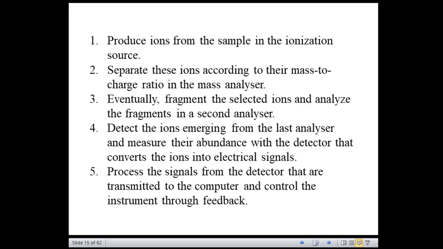We know that in a mass spectrometer we produce ions from the sample in the ionization source or the chamber, and then we separate these ions according to their mass to charge ratio, and this happens in the mass analyzer, and then fragment the selected ions.